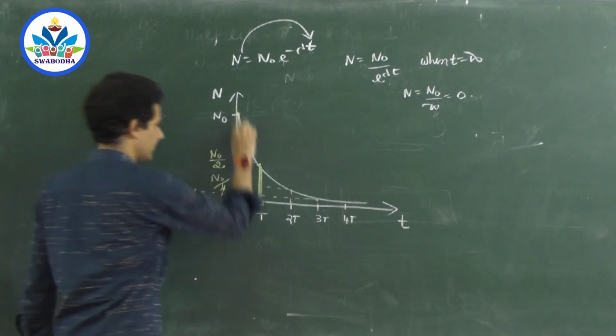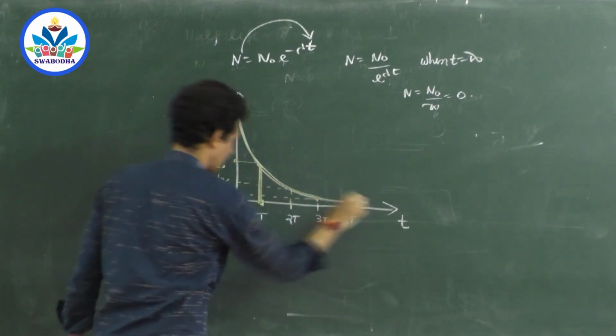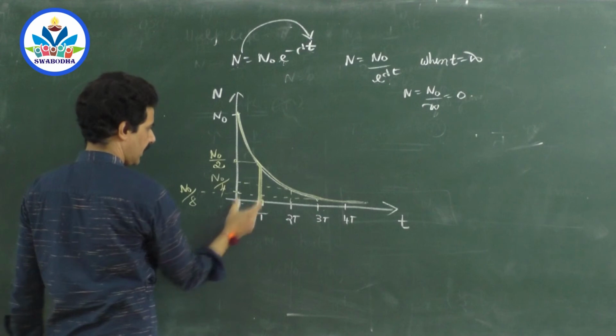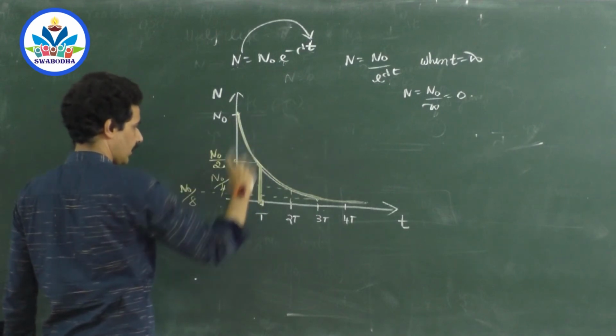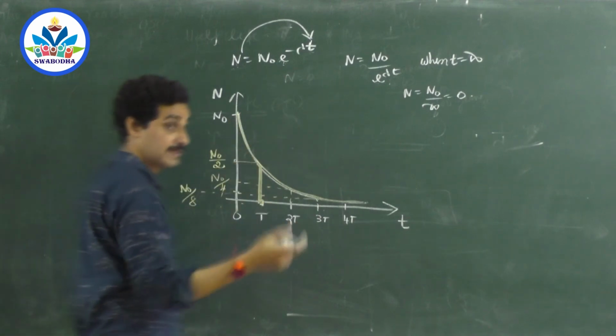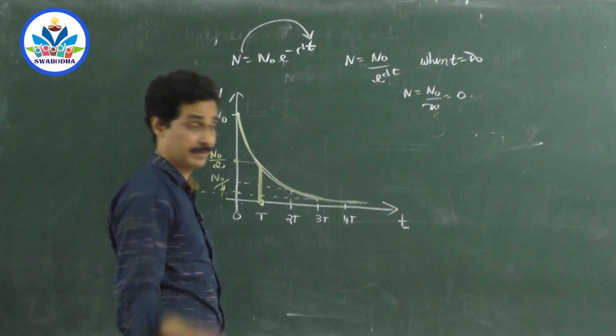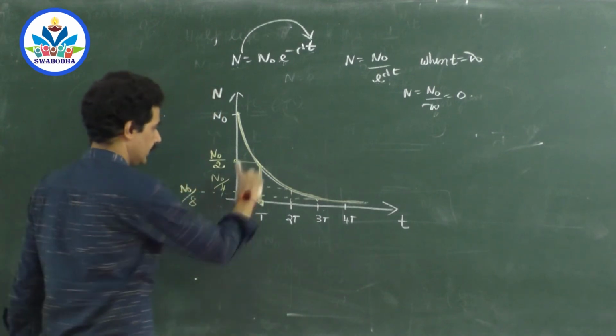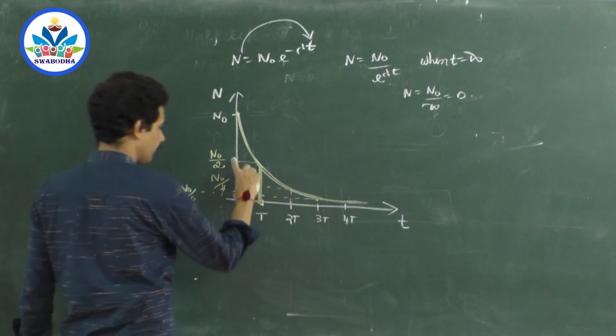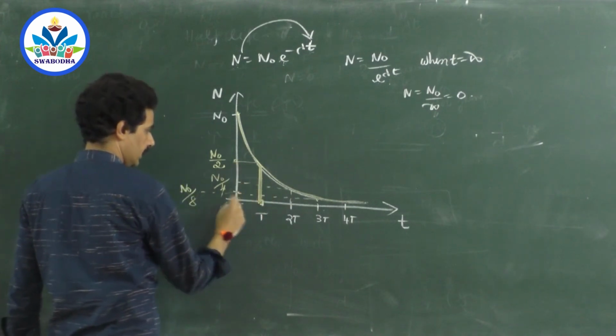This is called exponential decay. It is like this curve. So in the first half-life, it has become 50% lost, 50% remaining. Lost means it has been converted into some other element by the emission of an alpha or beta particle. Then in the next half-life, again half of what is remaining, N naught by 4, and like this.